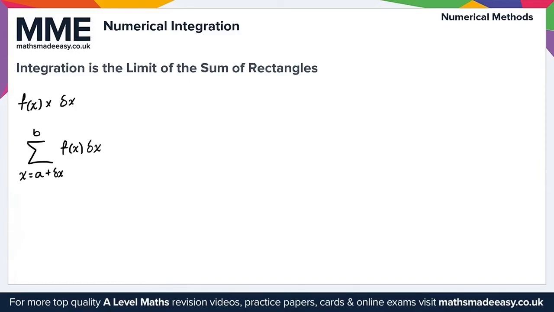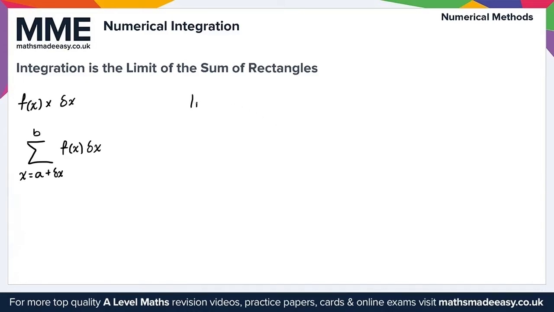And like with differentiation, the smaller the intervals, the more accurate the approximation. So therefore, as delta x tends to 0, the sum of the area of the rectangles approaches the definite integral. And we can write that as the following.